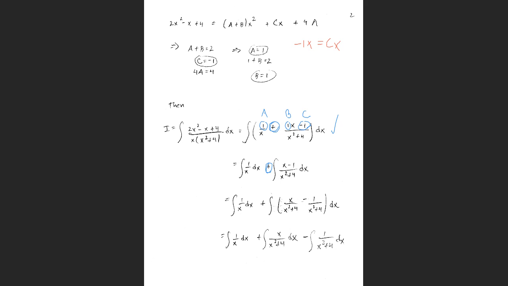Well, so now this fraction here, x minus 1 over x squared plus 4, we can split that up into these two fractions. We're doing what we need to do so we can get our antiderivatives. And I can certainly split that fraction up into those two fractions.